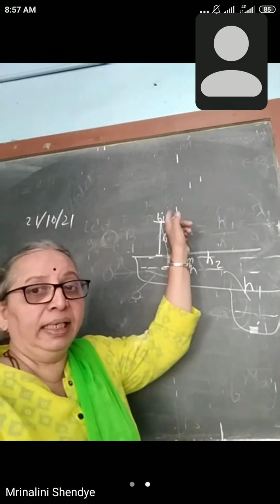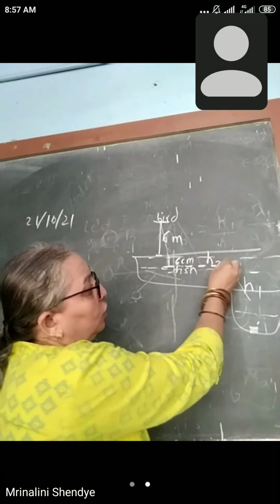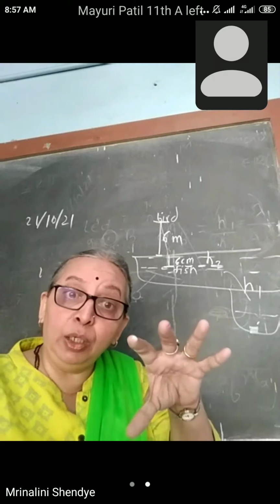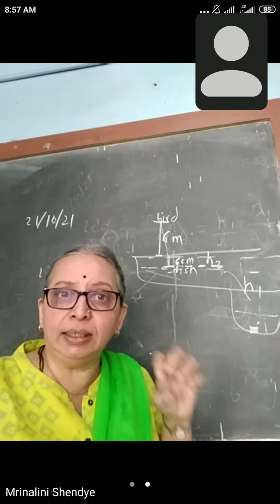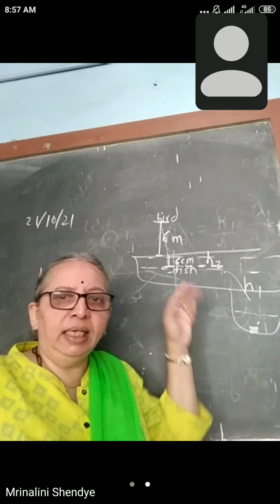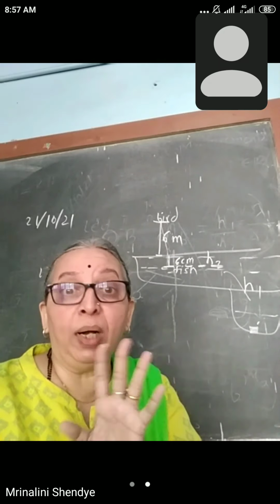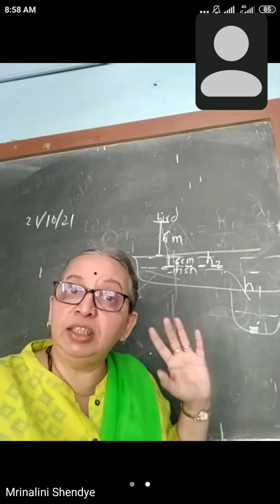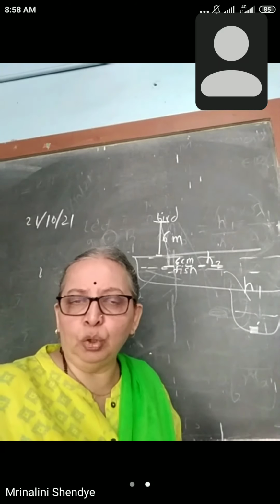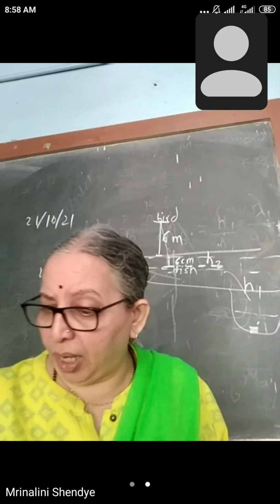If it dives so that its beak reaches only up to 6 centimeter, then the crane is not able to catch the fish, because the fish is lying still below 6 centimeter. So what should be the real height? That is what they have asked.